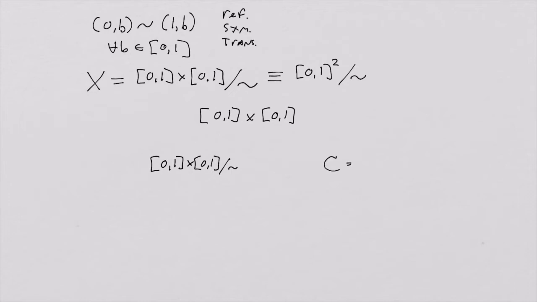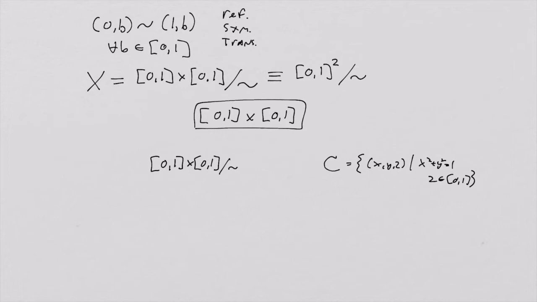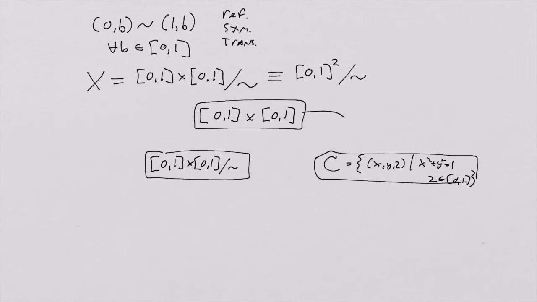And that was defined as the set of all (x, y, z) such that x squared plus y squared equals 1, and z was an element of [0, 1], right? So we have 3 different sets, like this. And we have a map that goes like that, and that map was phi. And we have a map that goes like this, which is the natural projection map.